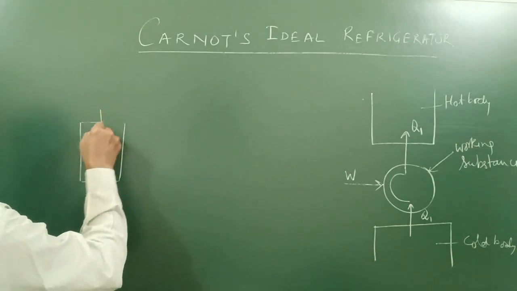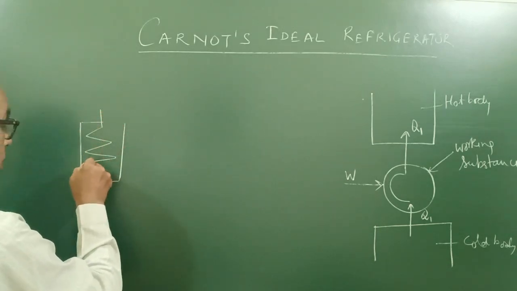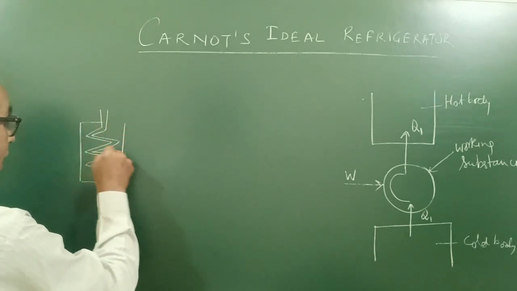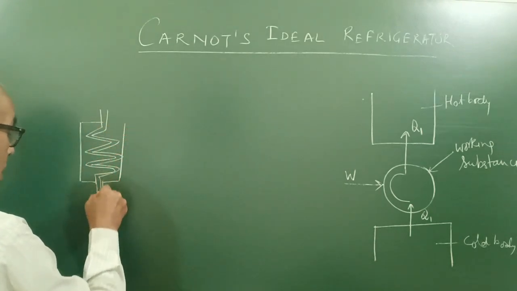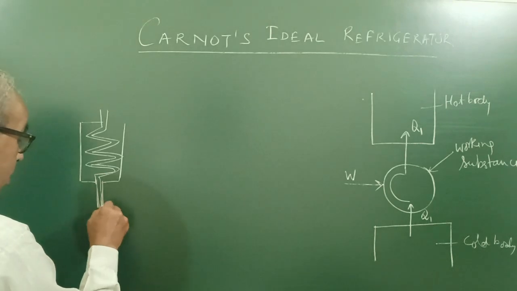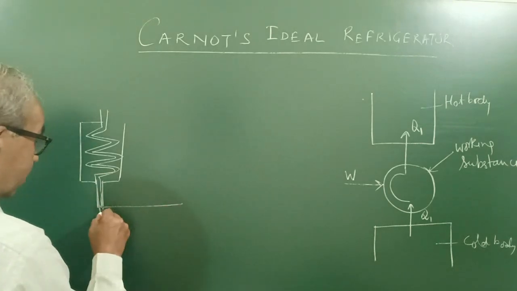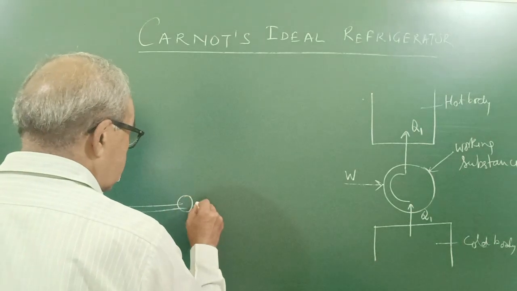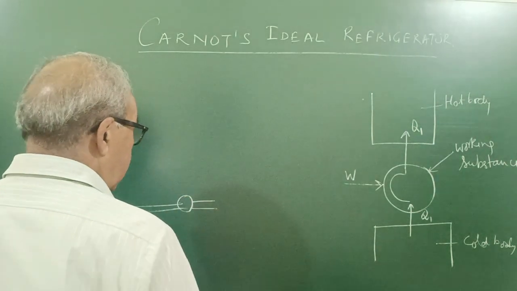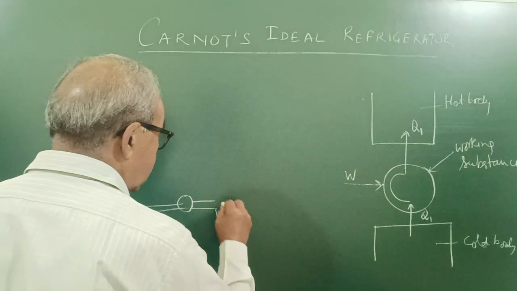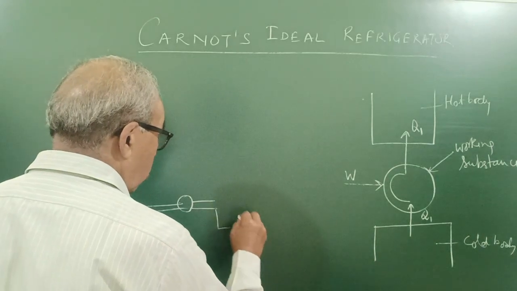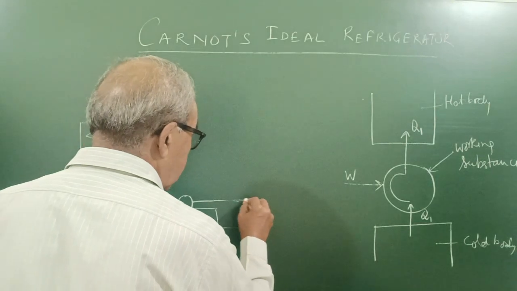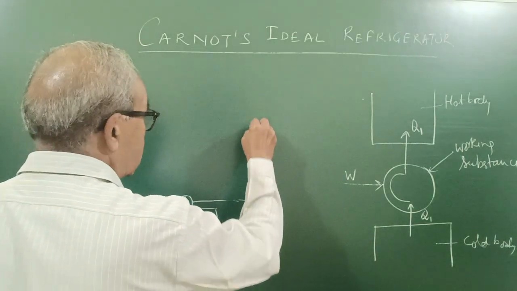So here we use tubes through which we pass gas, and this gas is kept here. Here is the valve, and here gas is kept in liquid form, and this is the condenser.